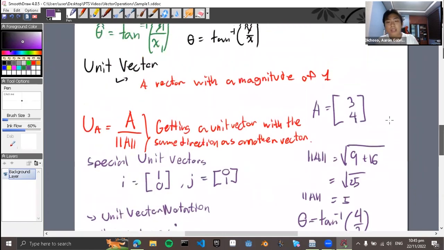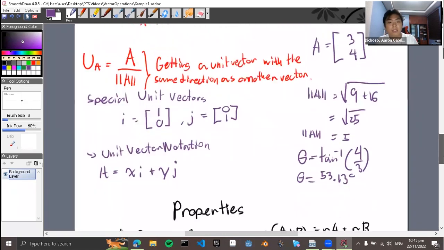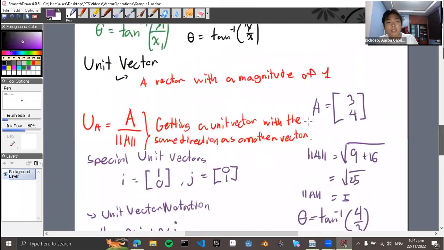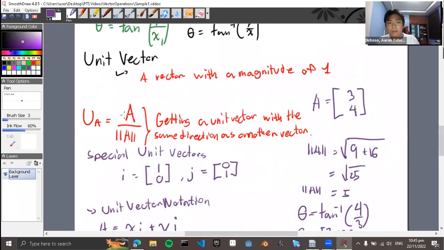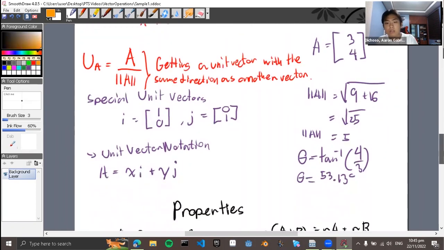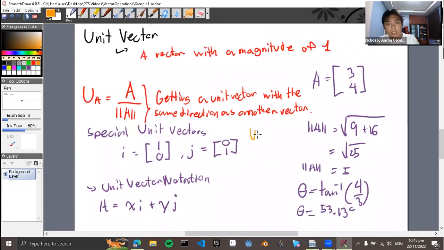Now, if we wish to get the unit vector of this, we would divide the vector with the magnitude. So by doing so, say unit vector A is equals to A over 5. So that is (3, 4) times 1/5. So that means our unit vector A is equals to (3/5, 4/5).